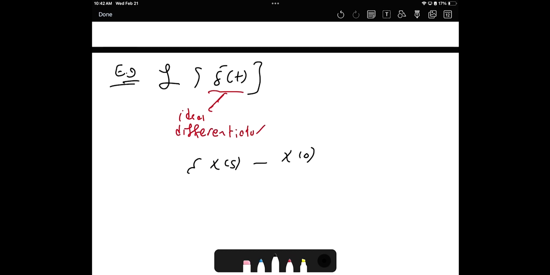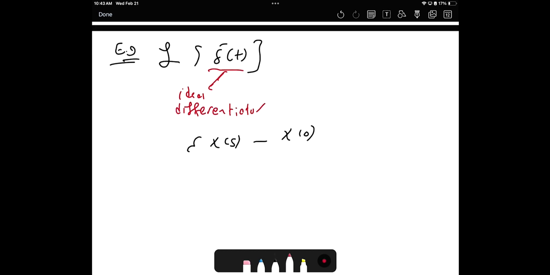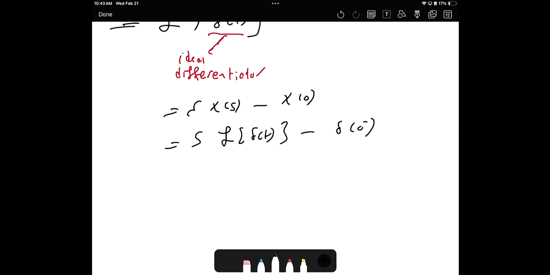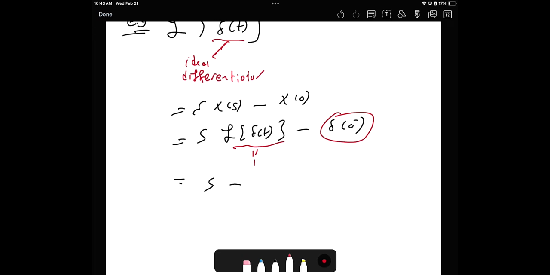So it equals s times the Laplace transformation of delta of t, that's X of s, minus delta of 0 negative. The Laplace transformation of delta of t equals 1. So the answer will be s minus delta of 0 minus. What's the value of delta of 0 minus?